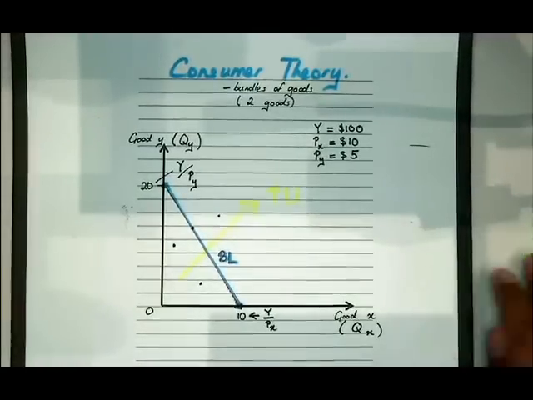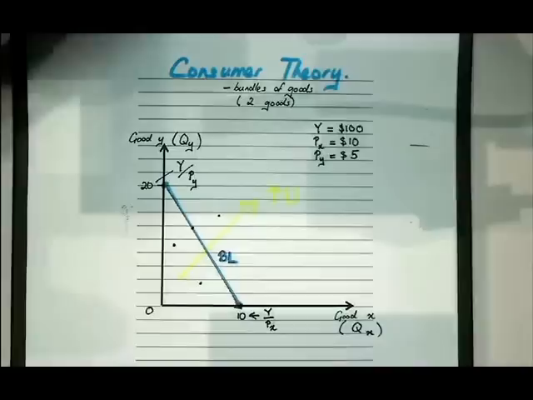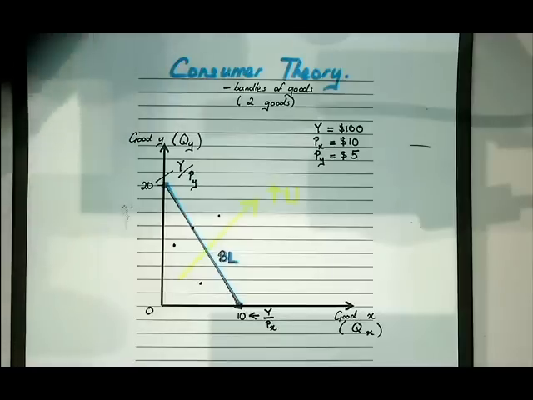Now, in this topic, we assume that there's no saving, so the consumer will want to be on their budget. So just make a note, we assume the consumer is not saving, so the consumer will be on their budget line.